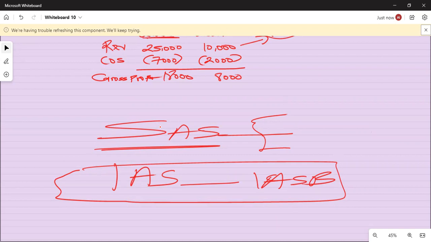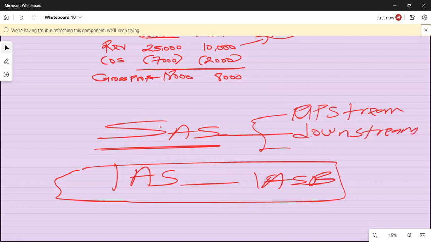But presently in Nigeria, we are using international accounting standards. But we still have three of our local standards that we are still using. We have that of the petroleum industry, which is divided into two: the upstream activities and the downstream.